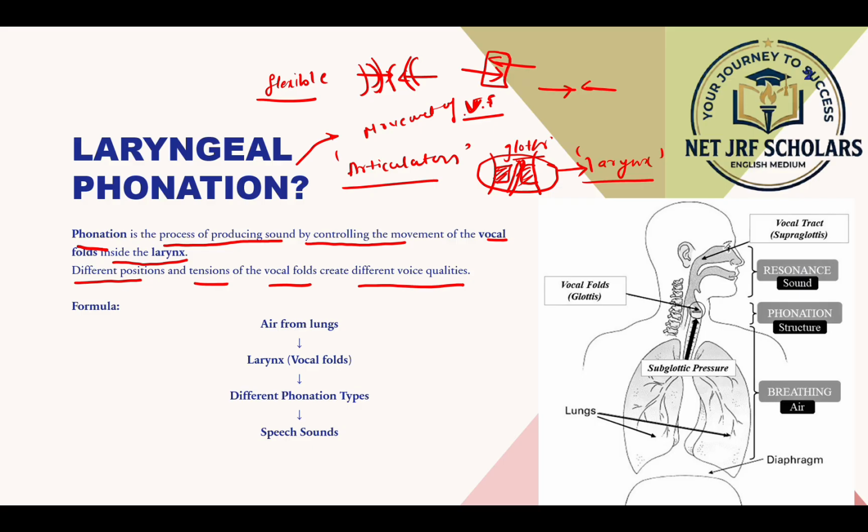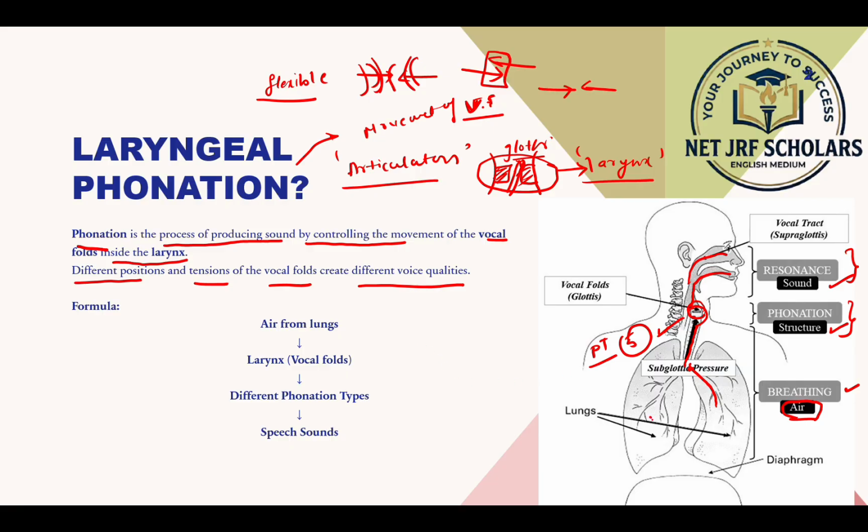The air starts from the lungs and comes to the larynx, which is nothing but the vocal cords. Here there are 5 possible different phonation types, and after that the air moves to the mouth or the nasal cavity, which is the resonance. Phonation decides the structure of the sound, whereas breathing is the air.